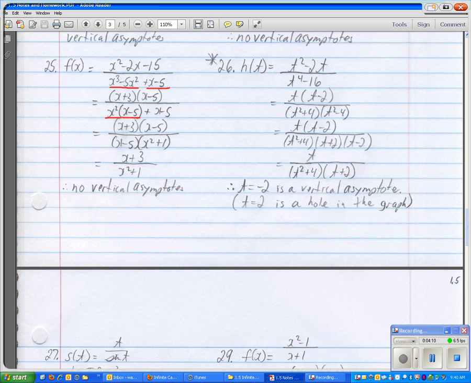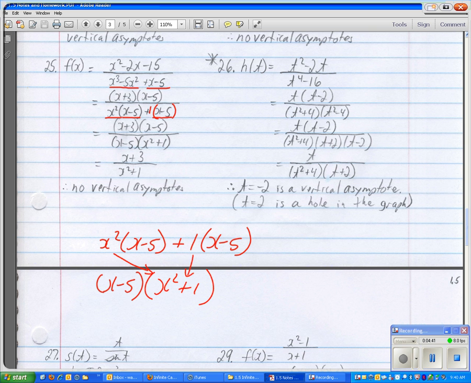And lo and behold, that's the same as 1 times that, because I'm assuming you could factor the numerator. So now look what I've got: x squared times the quantity x minus 5, plus 1 times the quantity x minus 5. Now take out the quantity x minus 5 as the greatest common factor. So what am I left with? x squared plus 1. That gets me that.